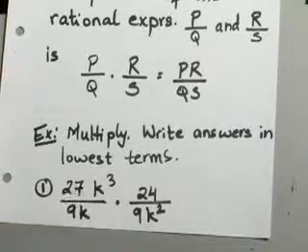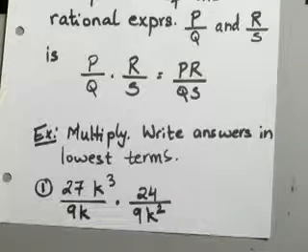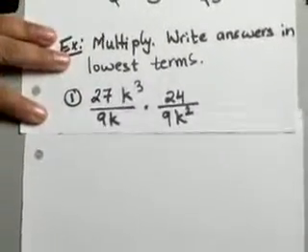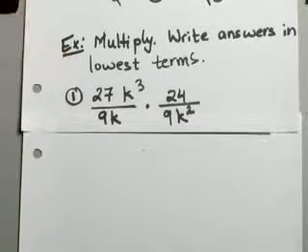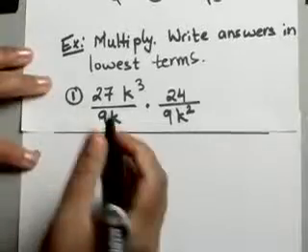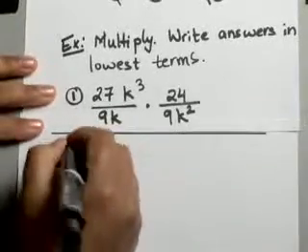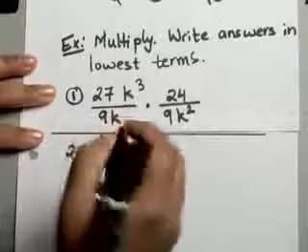So let's look at this example here. You have 27k cubed over 9k times 24 over 9k squared. So if you are going to try and multiply these expressions together, you can try and reduce this in the first step itself.